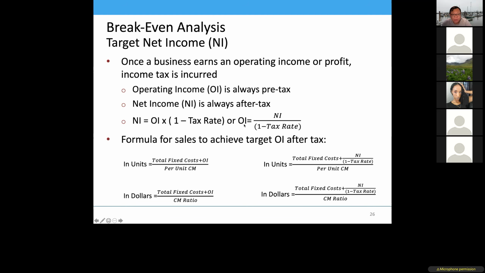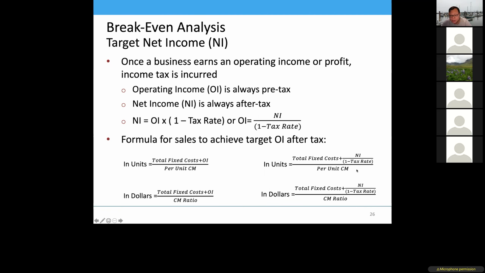So then if you solve for your operating income, it equals net income divided by 1 minus your tax rate. And then you just replace the operating income, OI, in this formula with this net income equation here.